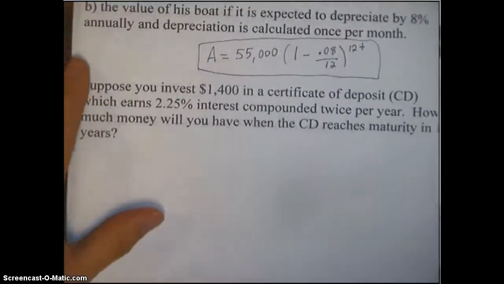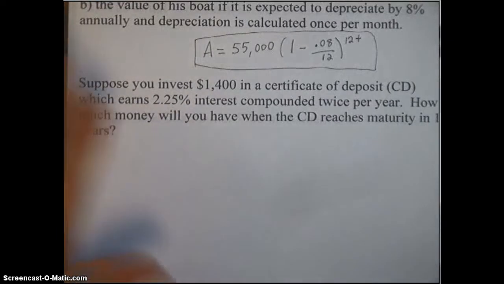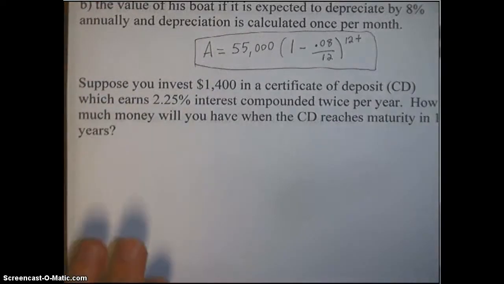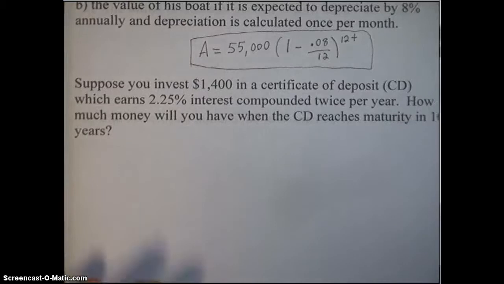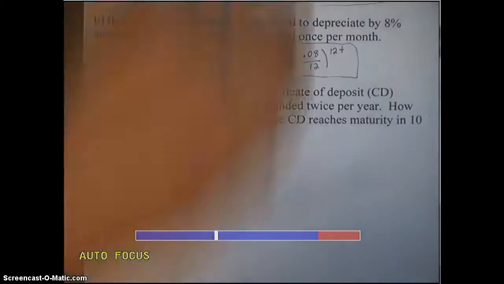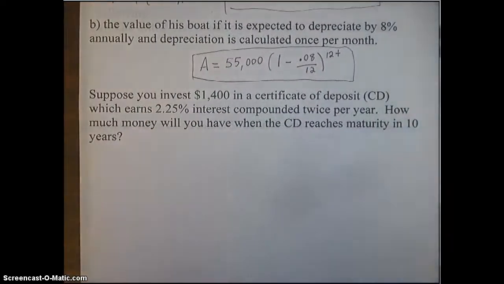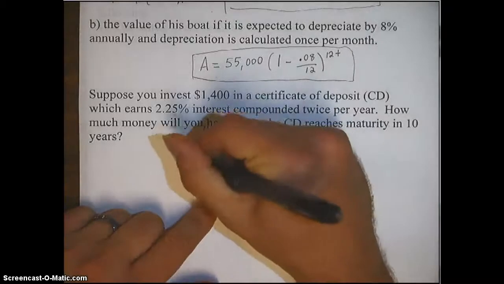Okay, last one. Suppose you invest $1,400 in a certificate of deposit, a CD, which earns 2.25% interest compounded twice per year. How much money will you have when the CD reaches maturity in 10 years? Let's start with writing the equation.